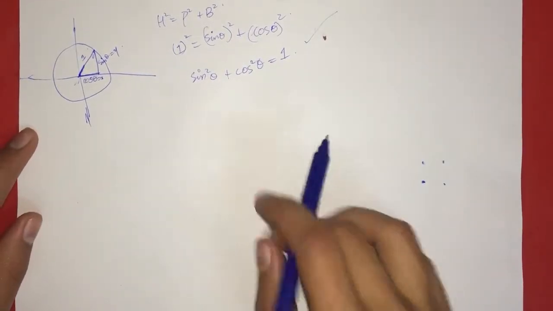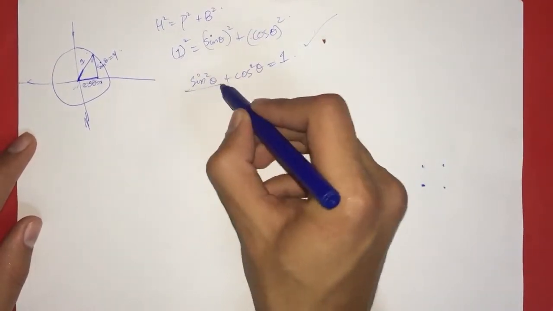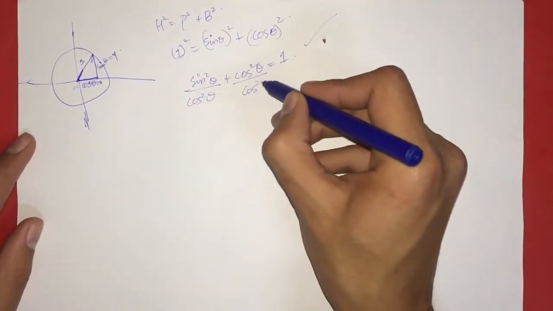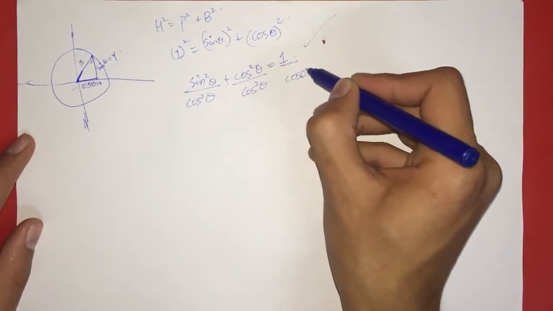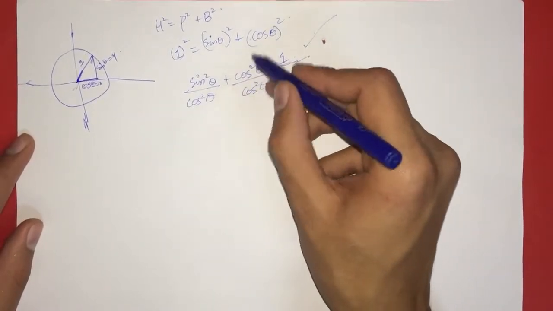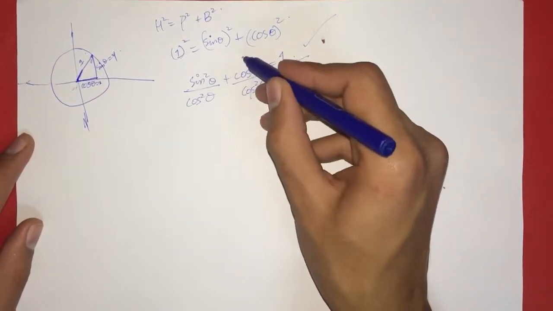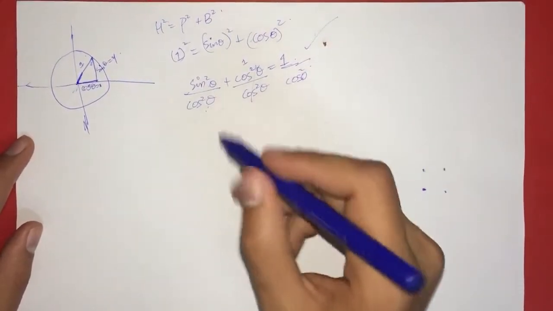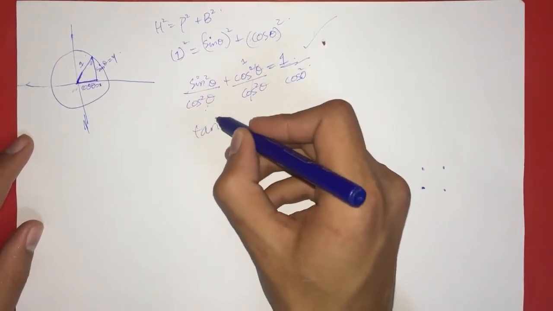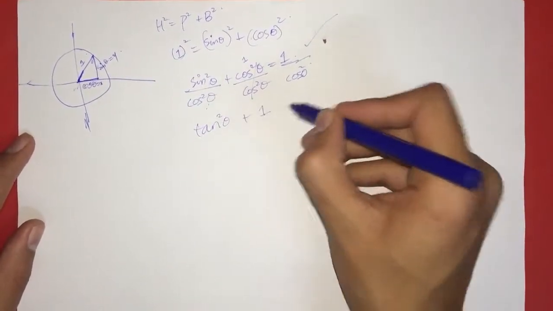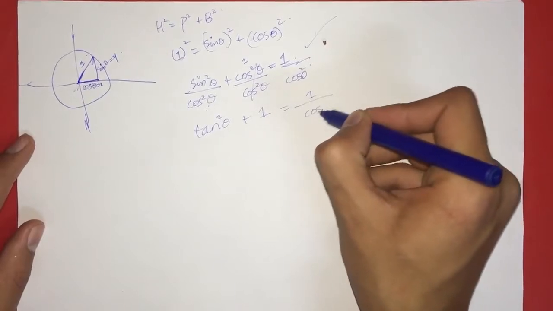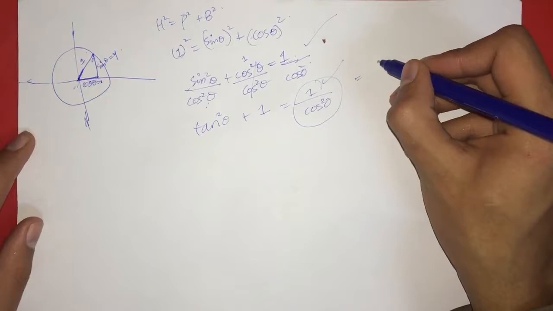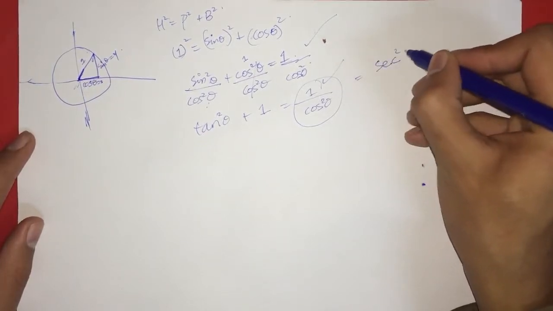Let's divide this, this, and also this by cos squared theta. It gives you 1, and sine squared theta divided by cos squared theta is of course tan squared theta, plus 1 equals 1 by cos squared theta, and we know 1 by cos squared theta equals secant squared theta.